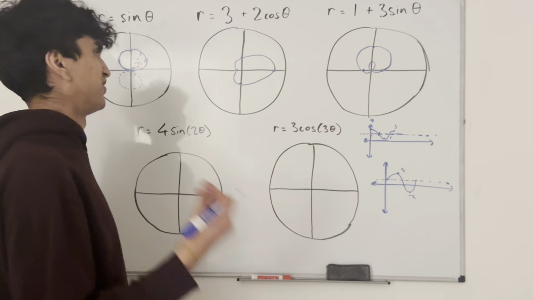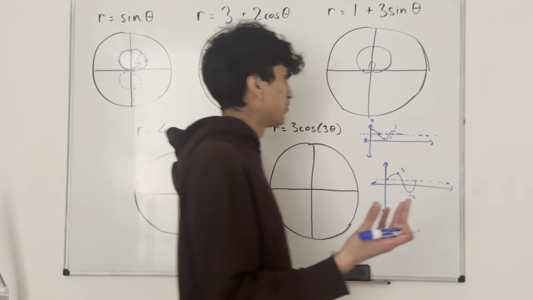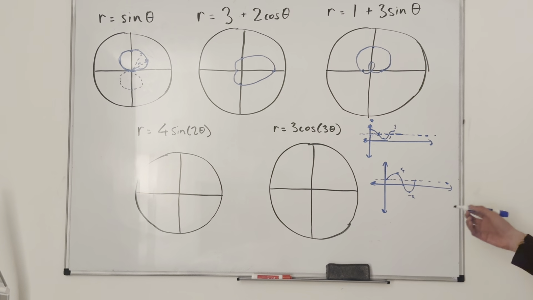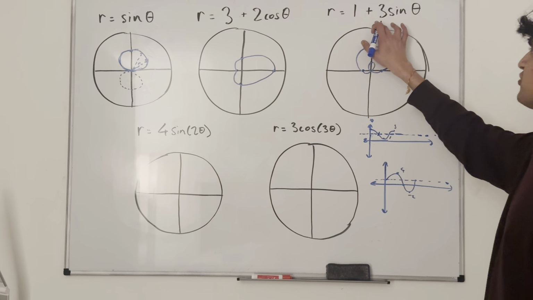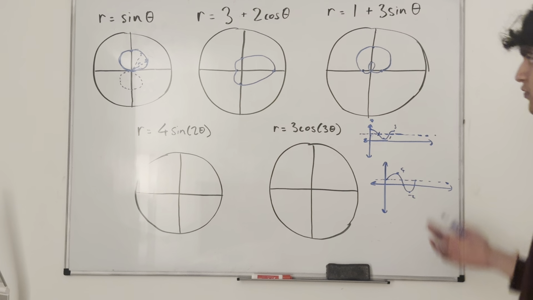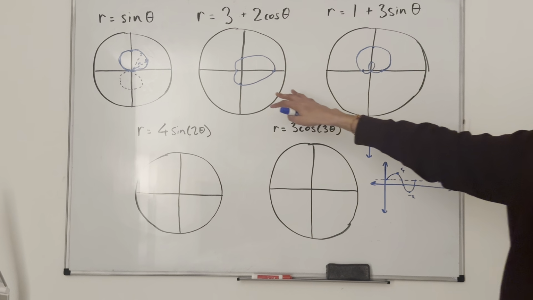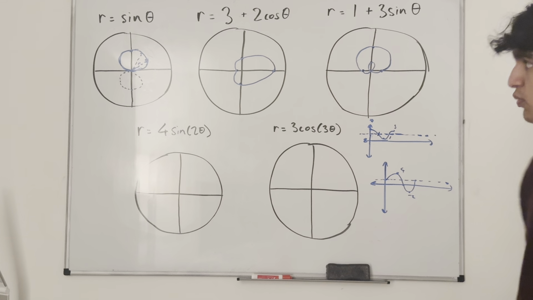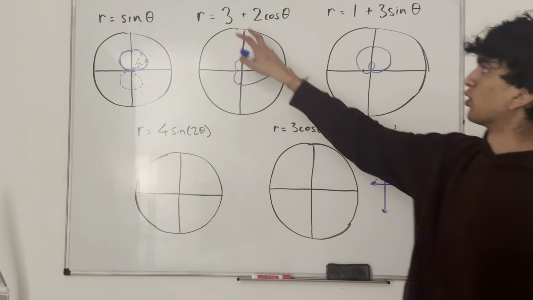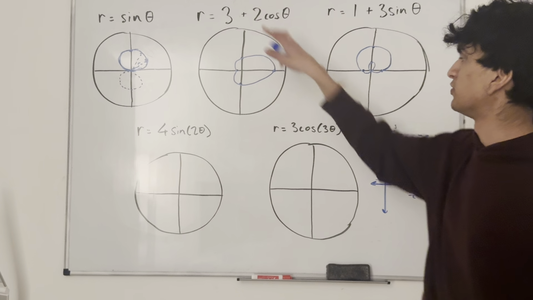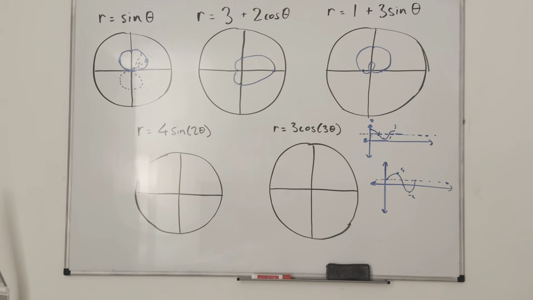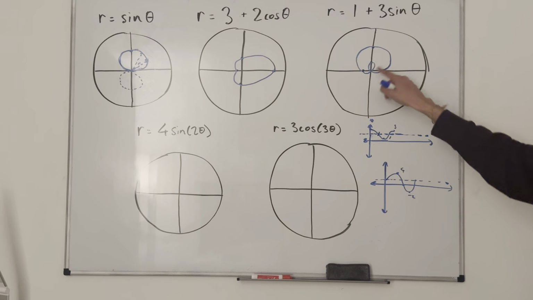I think it's more important to understand the math. But the general rule of thumb is if A represents our amplitude and B represents our vertical shift, you get this kind of dimple where you're not touching the pole when your midline is greater than the amplitude. Otherwise, you would get this kind of loop in the middle.